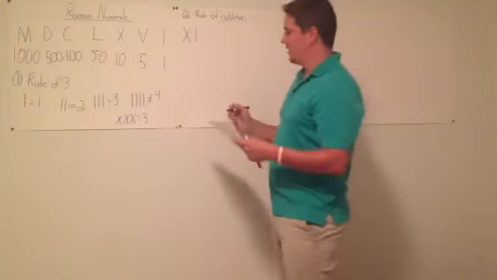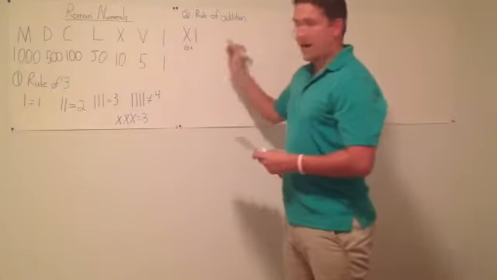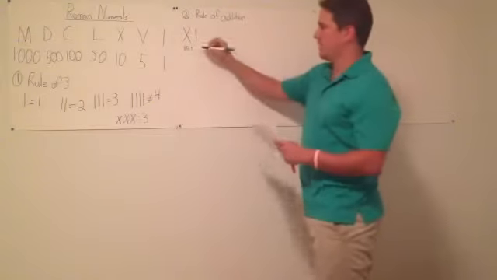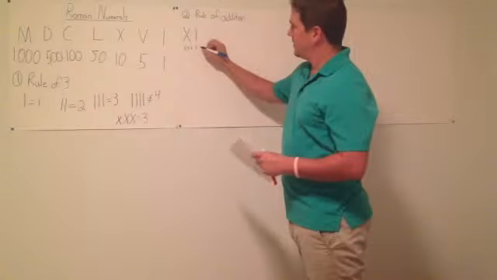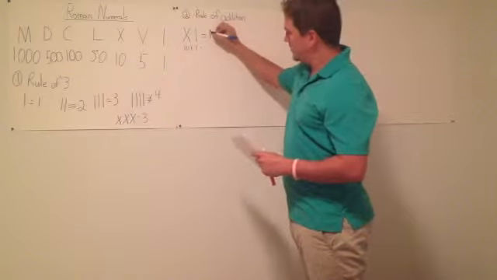So X would be 10, I would be 1. So XI equals 11.